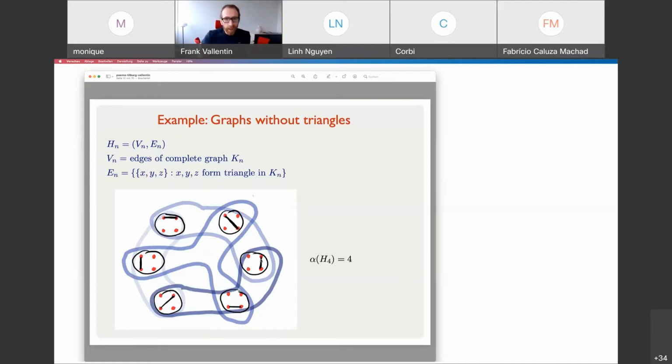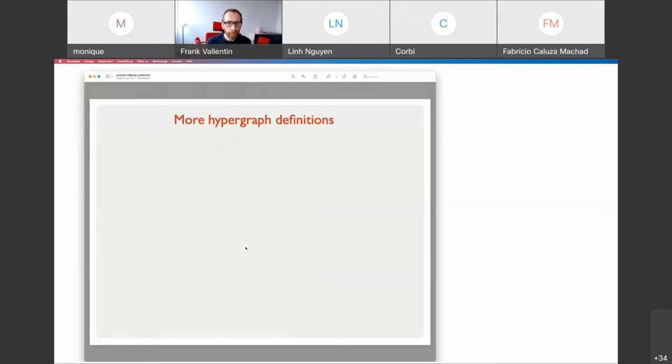All right, so we have a hypergraph. We have the independence number of the hypergraph, and we need also some more hypergraph definitions. One definition we will use will be the complementary hypergraph, H bar. So what we do there is that we basically invert the edge set.